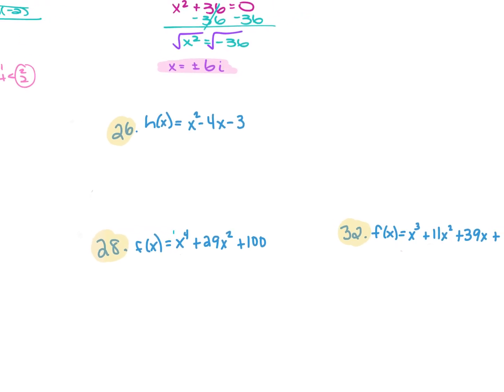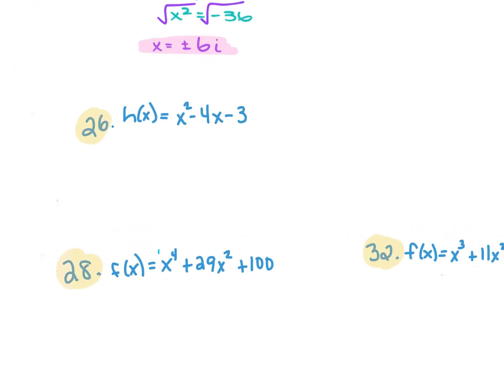If we move back over to 26, we have h of x is equal to x squared minus 4x minus 3. You do not have factors of negative 3 that add up to be negative 4. So you have a trinomial, use your quadratic formula. It's the easiest thing. You have an a of 1, a b of negative 4, and a c of negative 3.